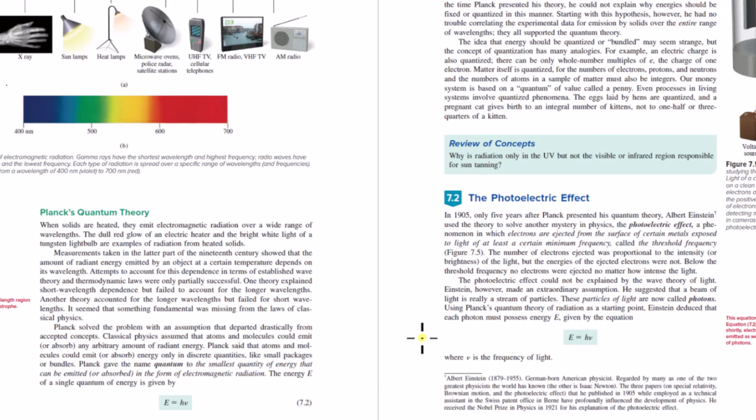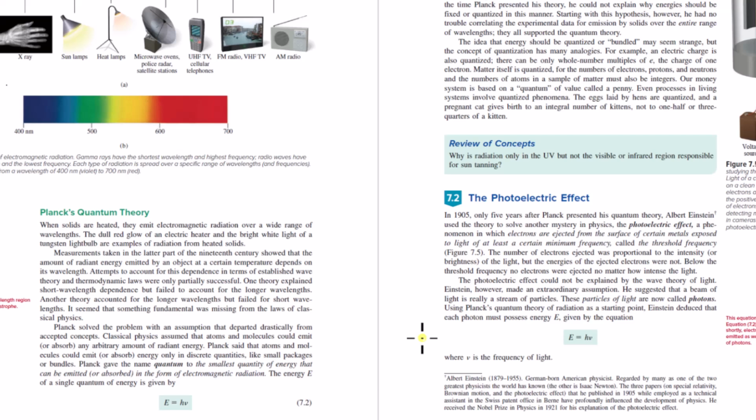And again, I go into all the details of this in the other video, but to answer a lot of the questions they were having trouble answering, Einstein referenced Planck's quantized energy theory, this idea of quantization.